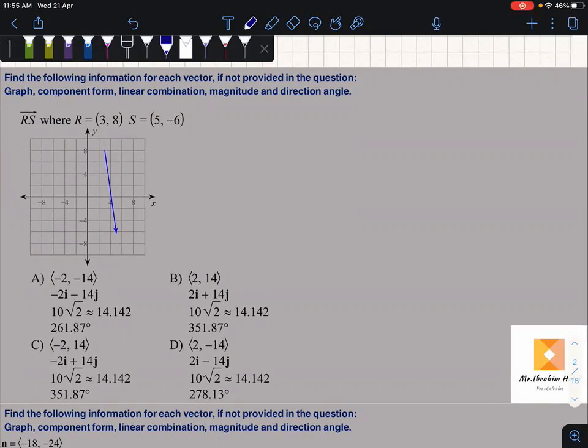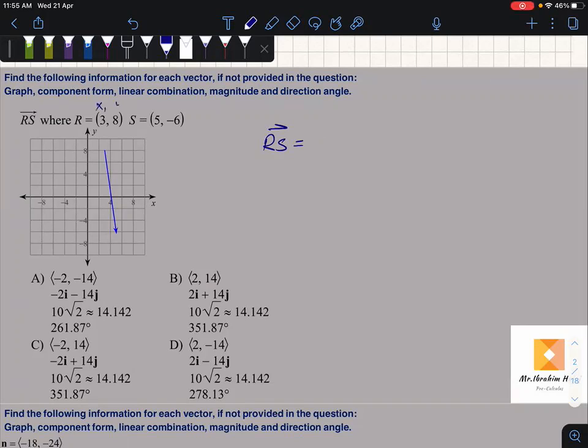So, I will start first here, guys, to find the vector RS. Vector RS is equal to, yes, it's given R is (3, 8), and S is (5, -6). So we can find the vector RS.